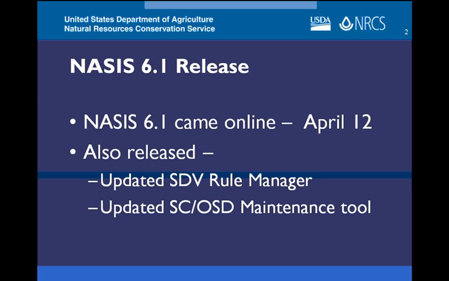It just never did get pushed out until now, but it takes advantage of the new table structure that the interp rules are stored in, and mainly that the rating classes are now in their own table, so they can pull that data in. We also released an update of some bug fixes to the SC and OSD maintenance tool at the same time. So those three items should all be operational at this time.